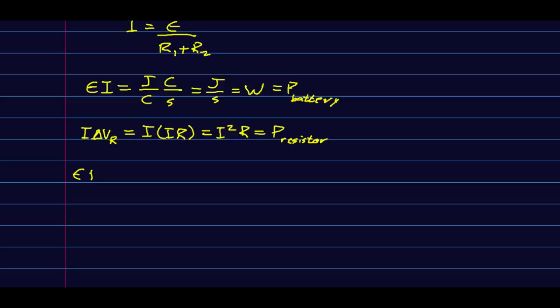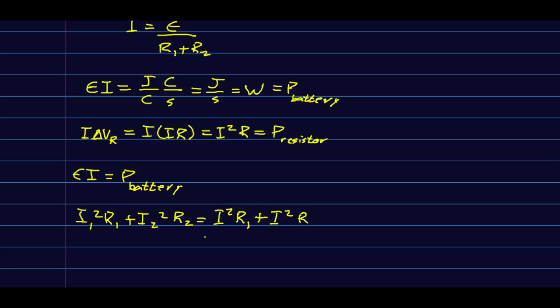We have epsilon I is the power in the battery. And in the resistors, I1 and I2 are just I, which we could write this way.